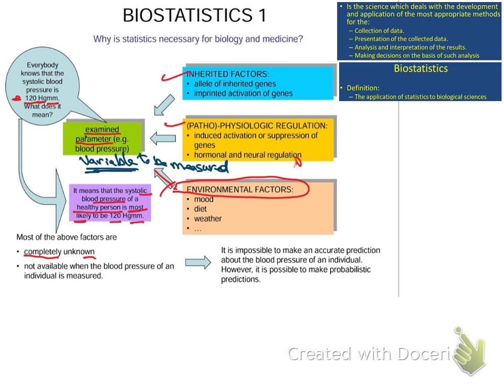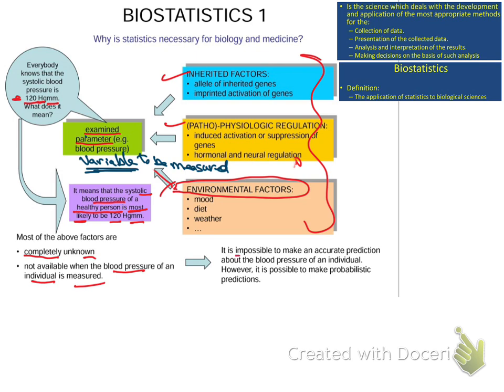Also you don't know the mood, the diet, unless you ask him, but you don't know all this data for everyone. So most of the above factors are completely unknown, not available when the blood pressure of an individual is measured. It's not from the spot. When someone visits you, you don't have all these details about him. Most likely it will be unknown at the time of measuring the blood pressure.